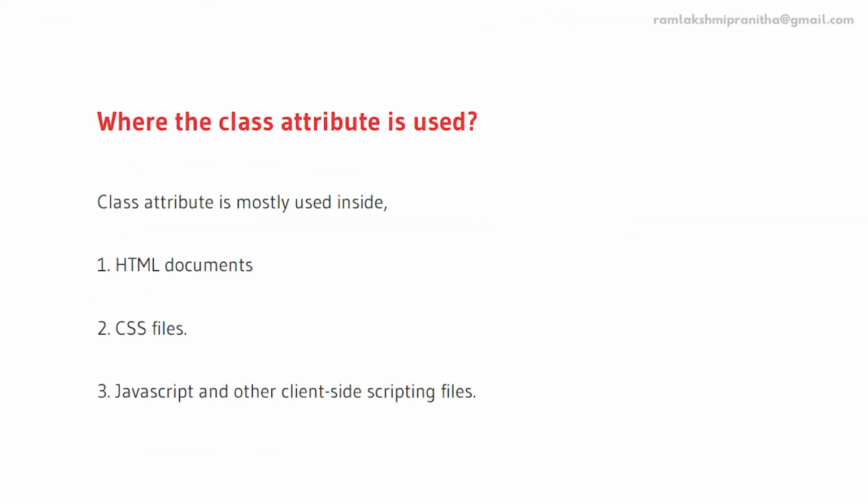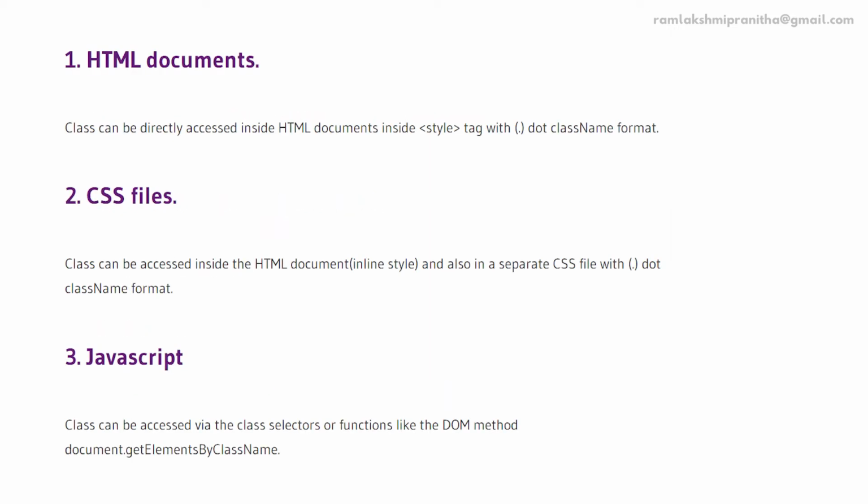Where is the class attribute used? The class attribute is mostly used inside 1. HTML documents, 2. CSS files, 3. JavaScript and other client-side scripting files. 1. HTML documents: class can be directly accessed inside HTML documents, inside the style tag, with the .className format. 2.